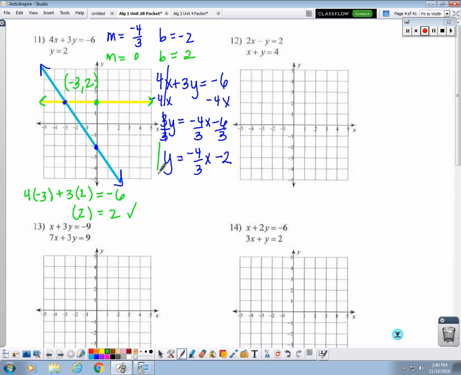Oh, you meant like you could have used this to check. Is that what you're saying? Yeah, when you went to check this point, you could have either plugged it in that one or the original one. It doesn't matter. Okay, so when you plugged in 4 times -3 plus 3 times 2, did the calculator say it equals -6? So it worked. That means this is our solution, because when plugged in both equations, it works.